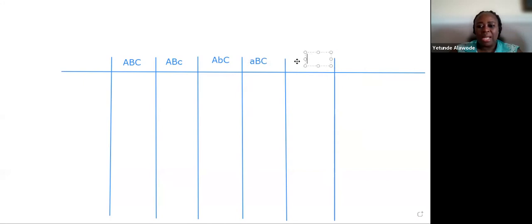You will do them horizontally like this, and you will do them vertically on this side as well. Then you will start to, for example, now, let me just do the first one for you.